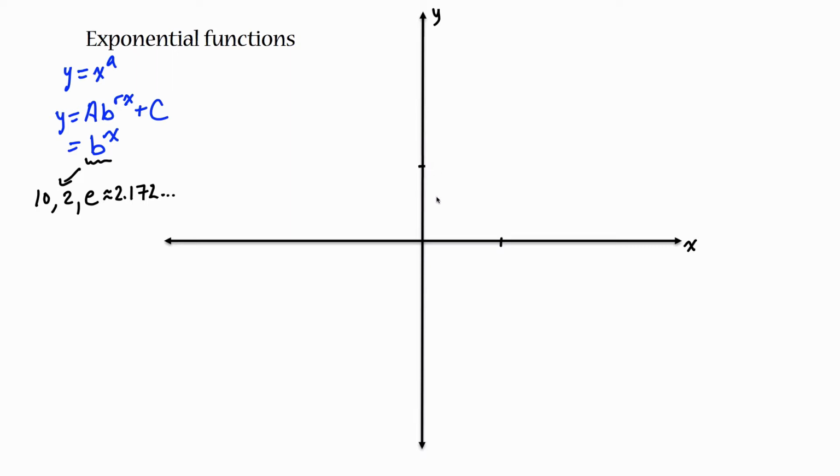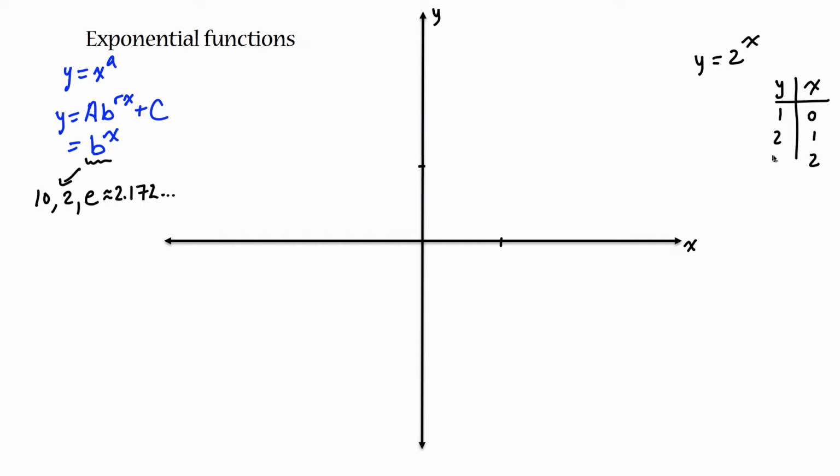So let's look at some of these. Let's say y is equal to 2 to the x. So just do a quick little table of values over here. When x is 0, 2 to 0 is 1. When x is 1, y is 2.